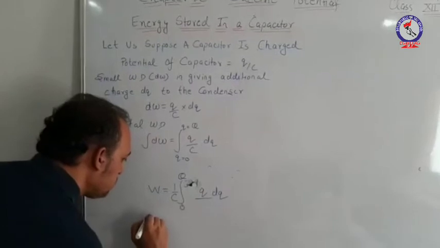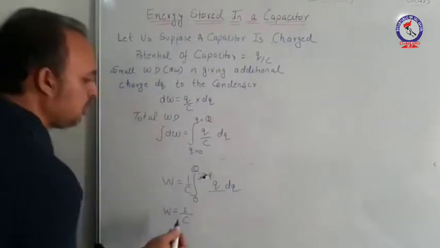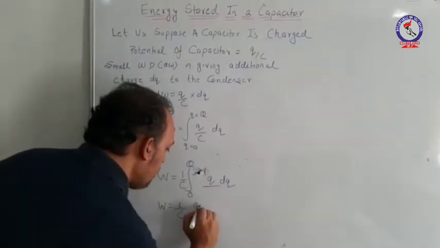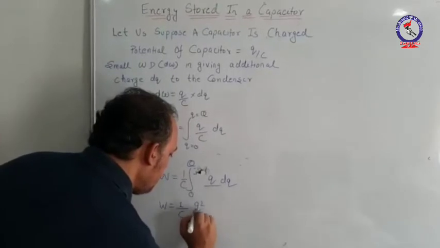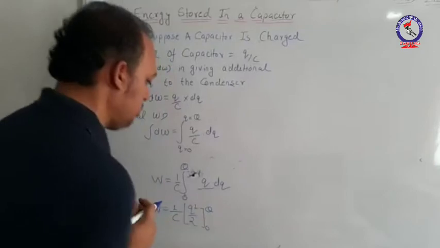Integrating it, W equals 1 upon C times Q square by 2, with limits 0 to Q.